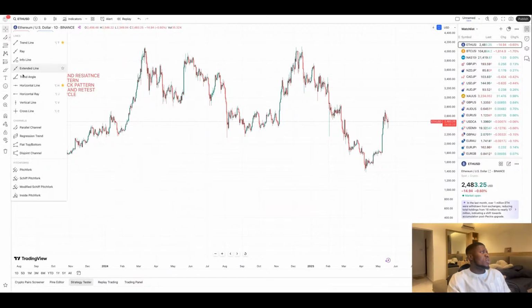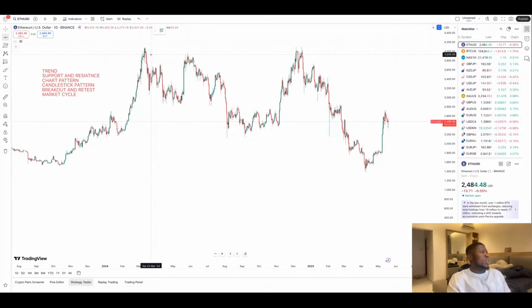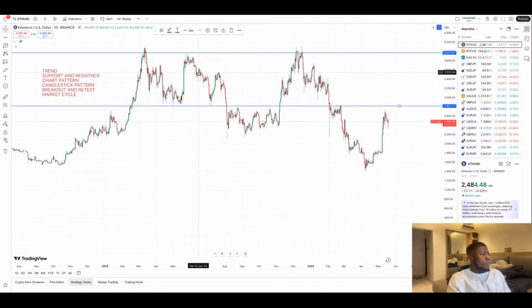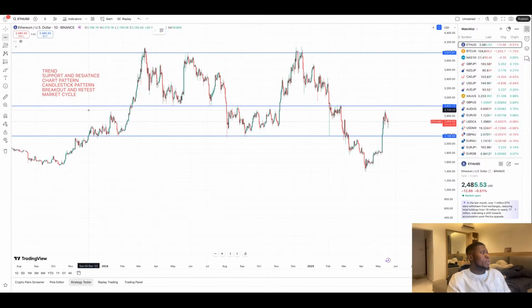So right now, let me say I have a cycle here. Then I'll look for a cycle very close to the market price. I have one here.